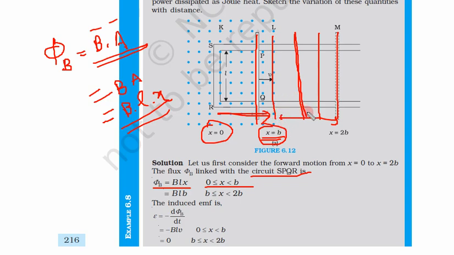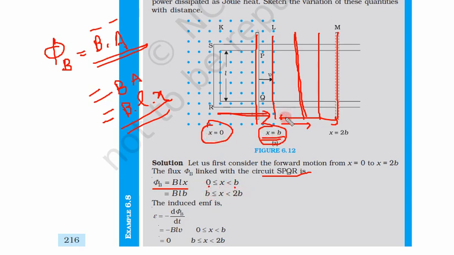After that what will happen? Once this reaches this point, even if you increase the distance, the magnetic field is only up to there, so the flux will remain constant, BLb, for x equal to b to 2b. See this once again. Till we are increasing the area in this magnetic field, it is dependent on x: phi B is equal to BLx from 0 to b.